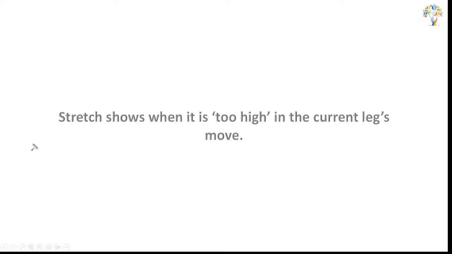Broadly speaking, stretch shows when it is too high or too low in the current leg's move, not across legs. So a market may move up, come down, move up again. Each of these moves can be considered as one leg. The down move is also a leg.